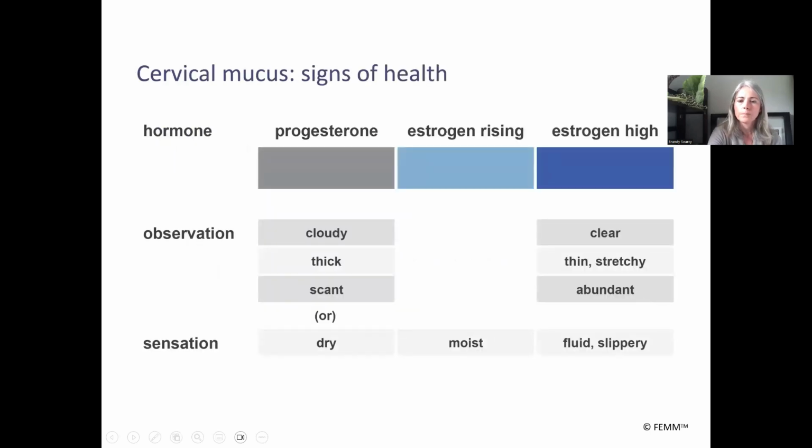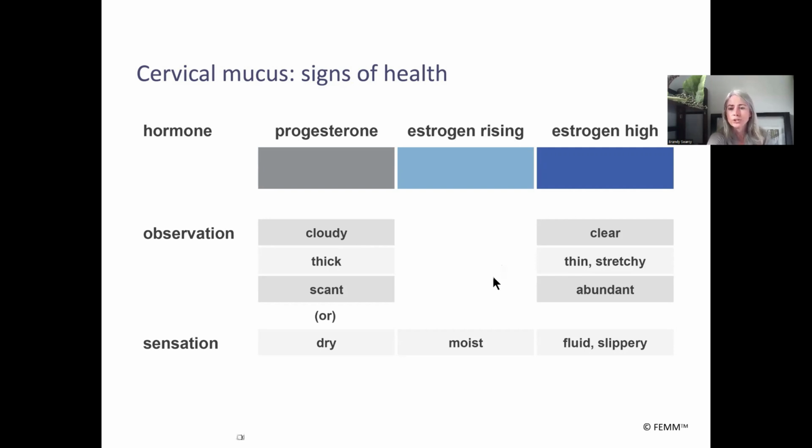And then finally, this is the difference in sensation between progesterone affected cervical secretions, and again, I really wish this said G and not progesterone dominant, being cloudy, being thick, being scant, like having those three qualities, so there's just not much of it, or not having any observations and just recording that as a dry day.